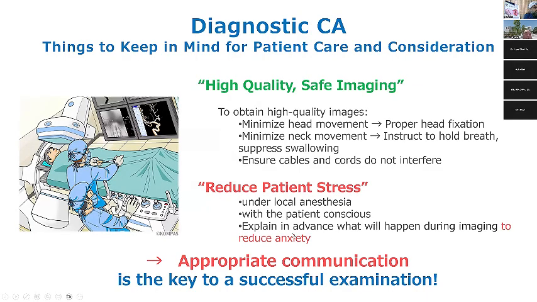In this case, as a result, the patient's anxiety disappeared and he was very cooperative, with the head in a very stable position, and those factors result in good high quality images. This is very important.